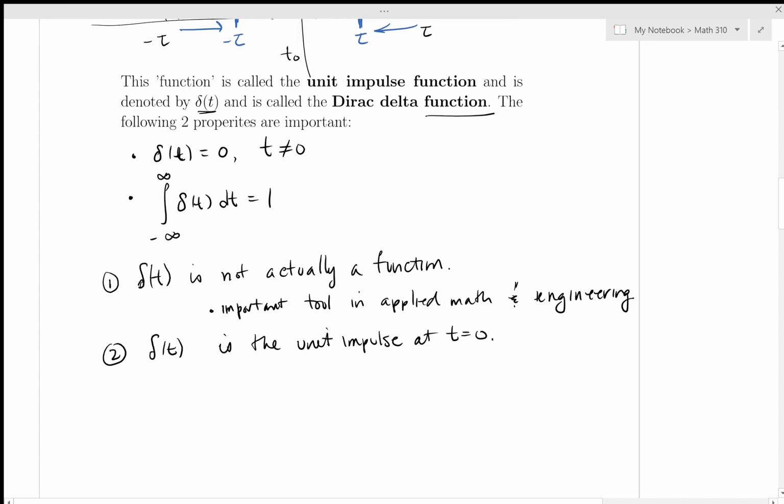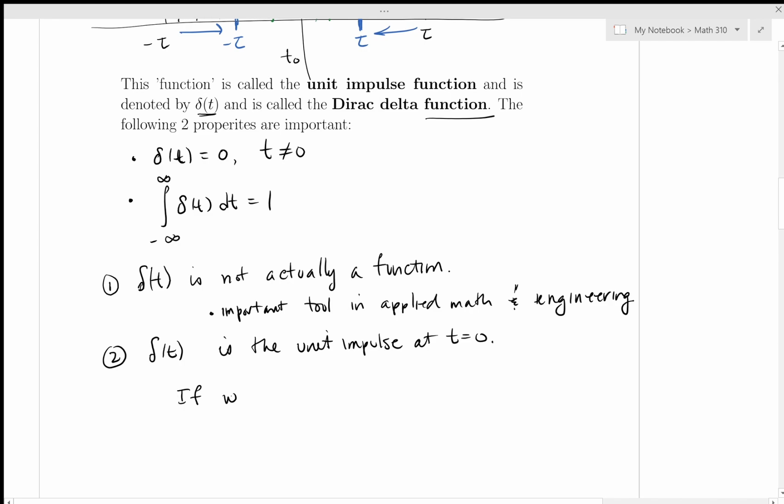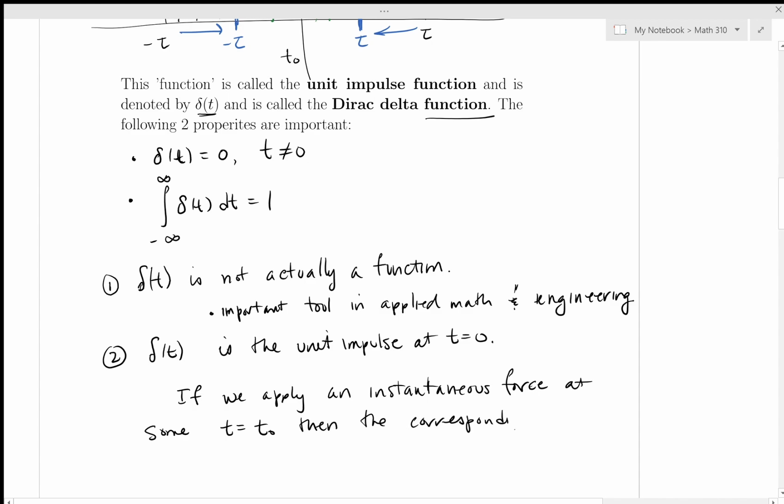Okay, if we apply an instantaneous force at some other time, t equals say t naught, then the corresponding unit impulse is delta of t minus t naught, because that is the unit impulse applied at time t naught.